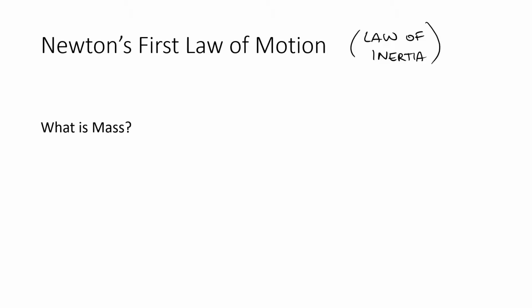He first had to ask, what is mass? I told you guys about mass in the very first lecture. A kilogram is the SI unit. Newton had to ask the same thing. In general, what he came to was mass is a property of all matter.